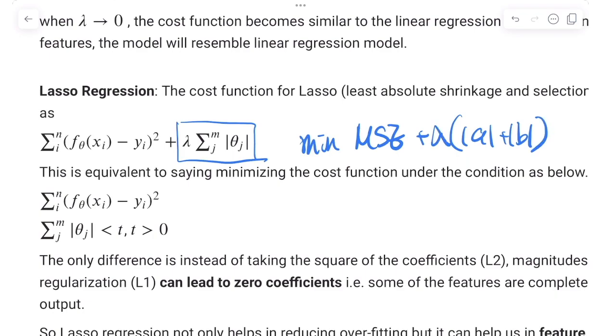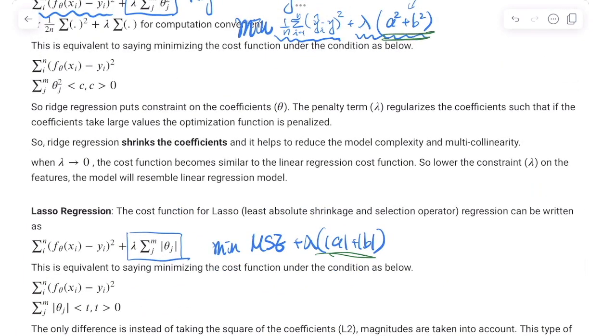Okay, so by using this one and this one, we are trying to shrink the coefficients, and it can help to reduce the model complexity and multicollinearity. And again, when lambda is 0, the cost function becomes similar to linear regression. So that is just a weight.